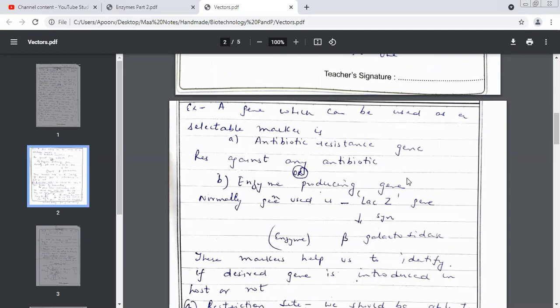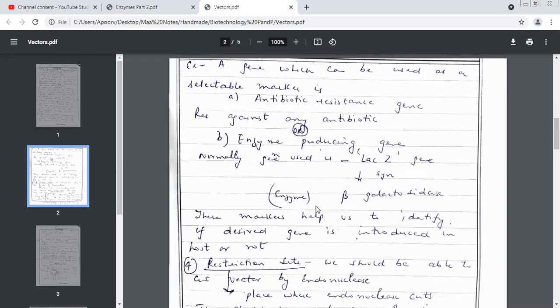You take any gene and insert it, and the gene has a property of producing an enzyme. Normally, the gene which is used to produce an enzyme is called LAC-Z gene. So as soon as it enters an organism, it starts producing this enzyme. The name of the enzyme is beta galactosidase.